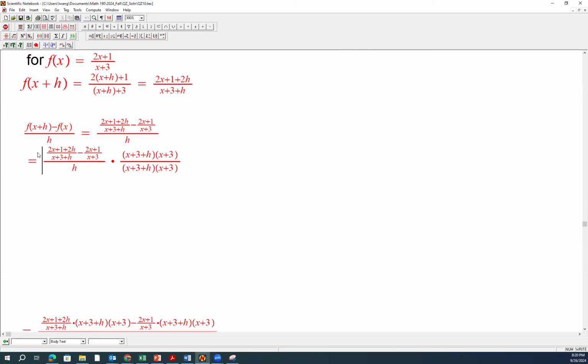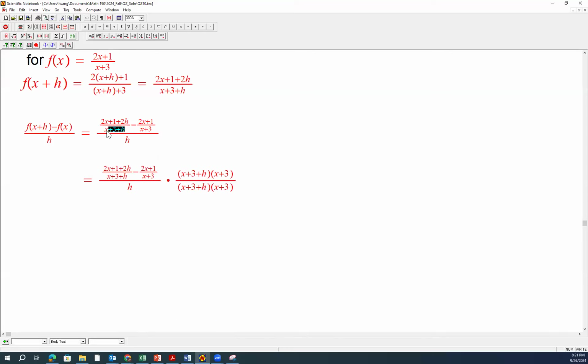So we find the common denominator. Here we see that there's one denominator, and there's another denominator. h can be seen as a numerator over 1, but you don't really need to do that. The denominator is 1.